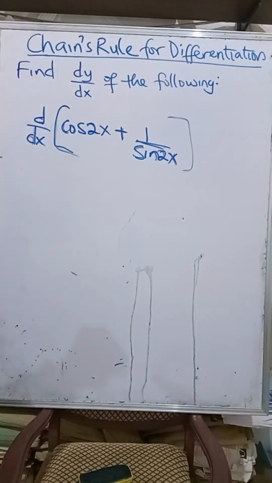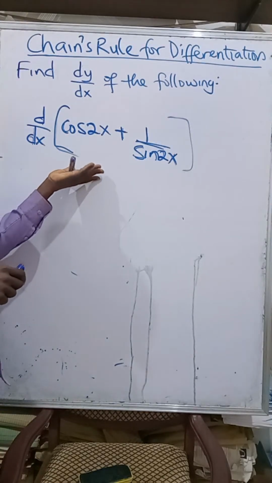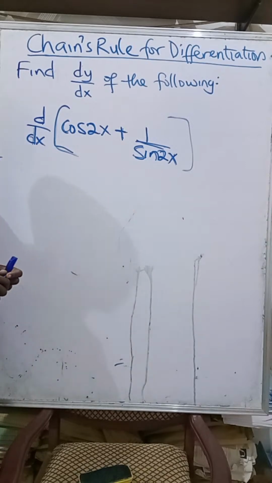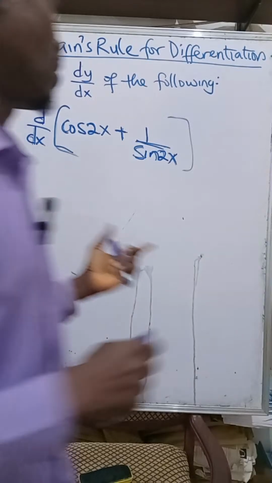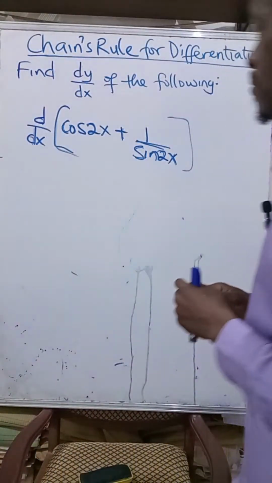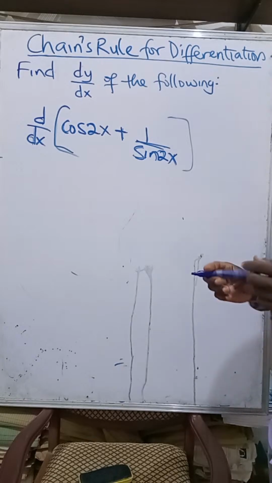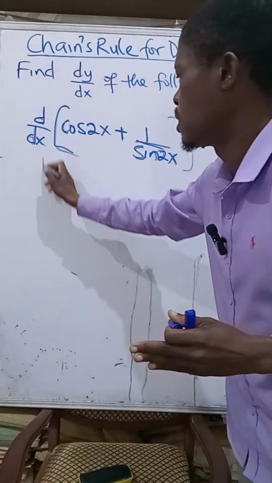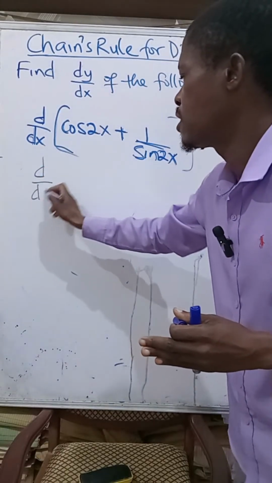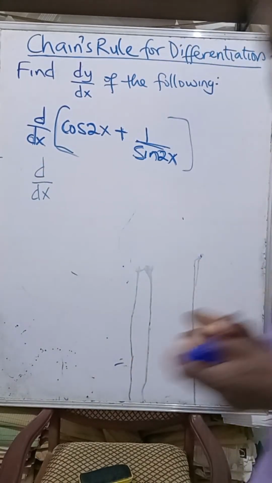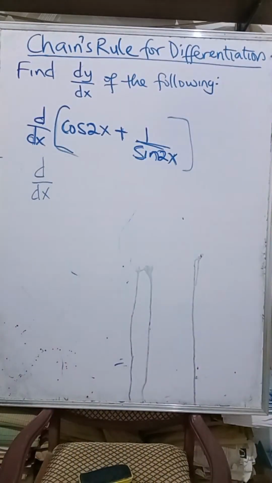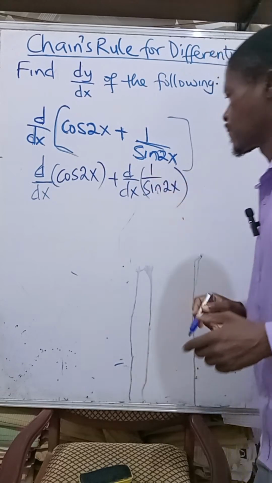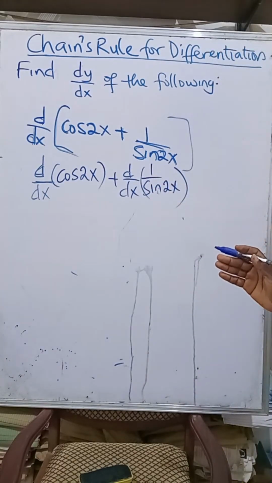This one, we have derivative of sum of functions. When you have derivative of a sum of functions, it's going to be the derivative of each of the functions: cos 2x plus 1 over sine 2x. We're going to do the algebra there. That's the first thing you do.